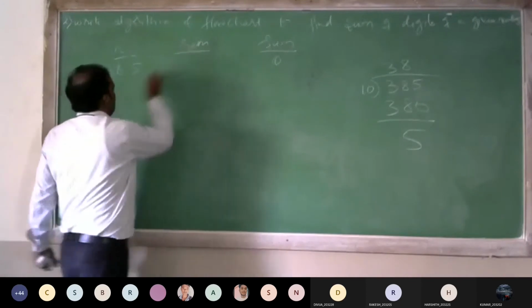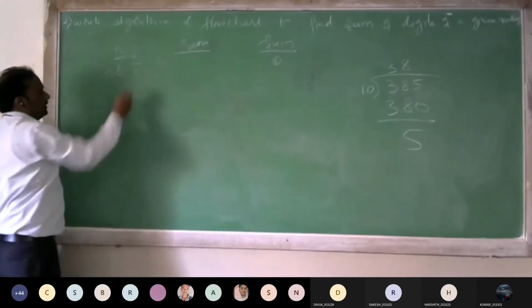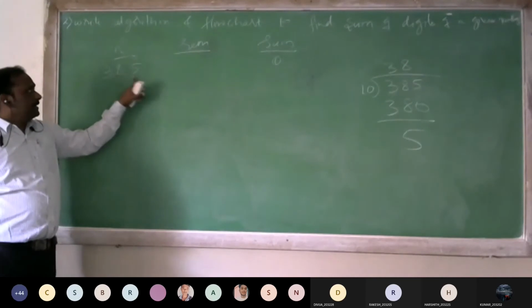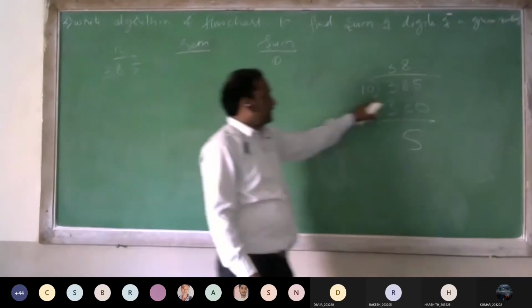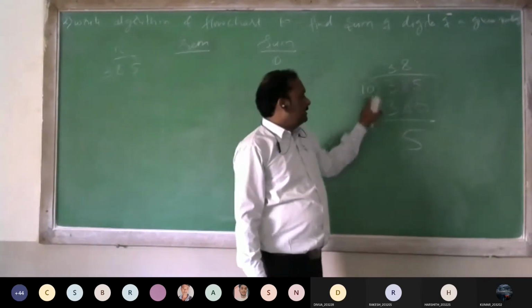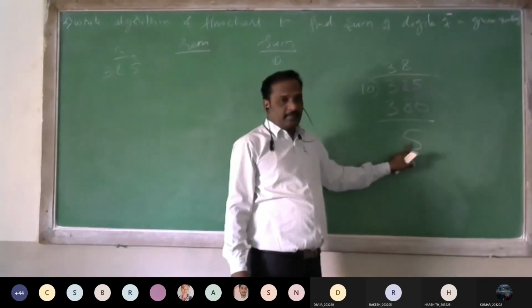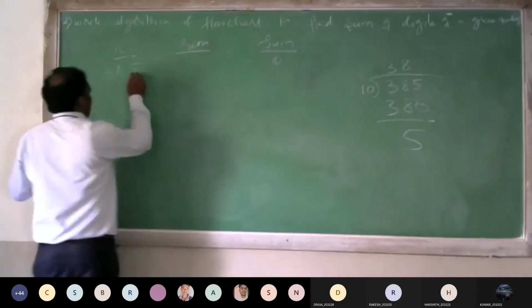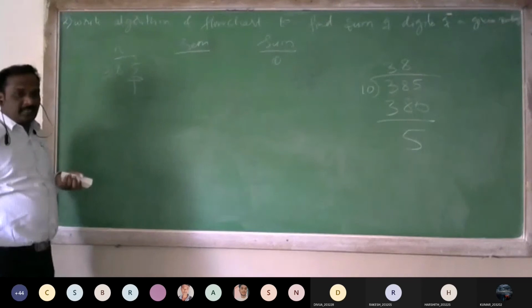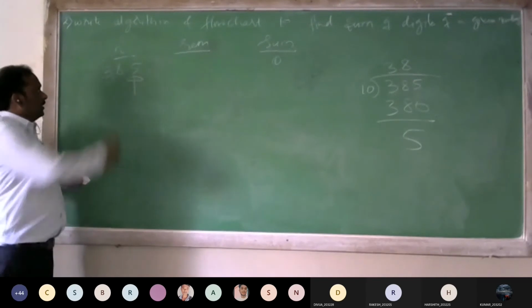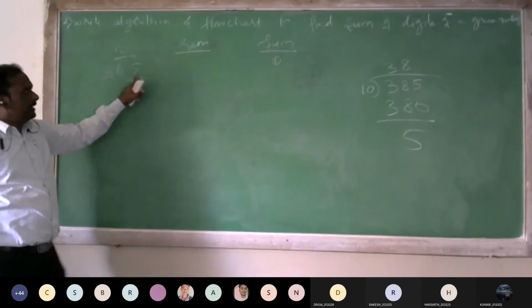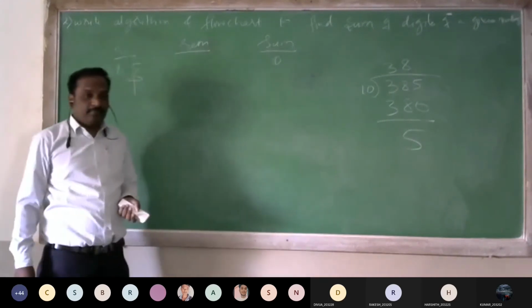To get the remainder, I will divide this number n by 10, divide 385 by 10. The remainder is 5. That means you have extracted the last digit of n. Once you get this remainder, add this remainder to sum.